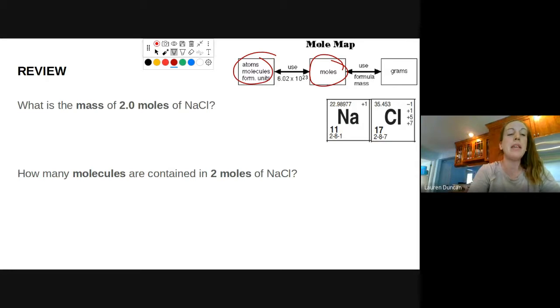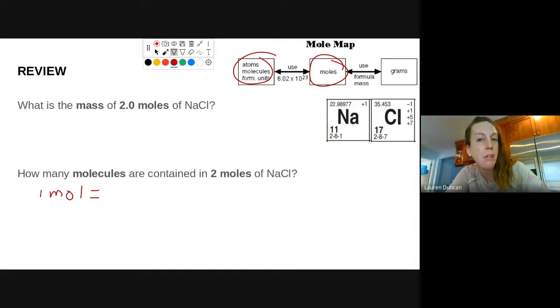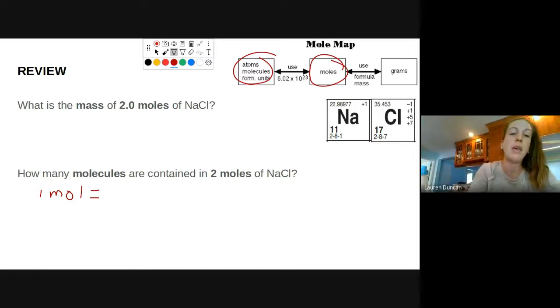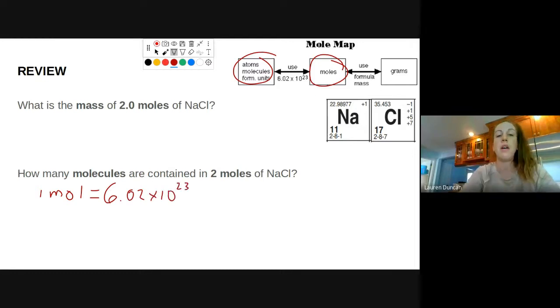Instead, what you need is this conversion factor, that 1 mole of anything, whether it's 1 mole of molecules of a substance, 1 mole of atoms of an element, 1 mole of donuts, 1 mole of anything equals 6.02 times 10 to the 23rd of that thing, in this case, molecules.